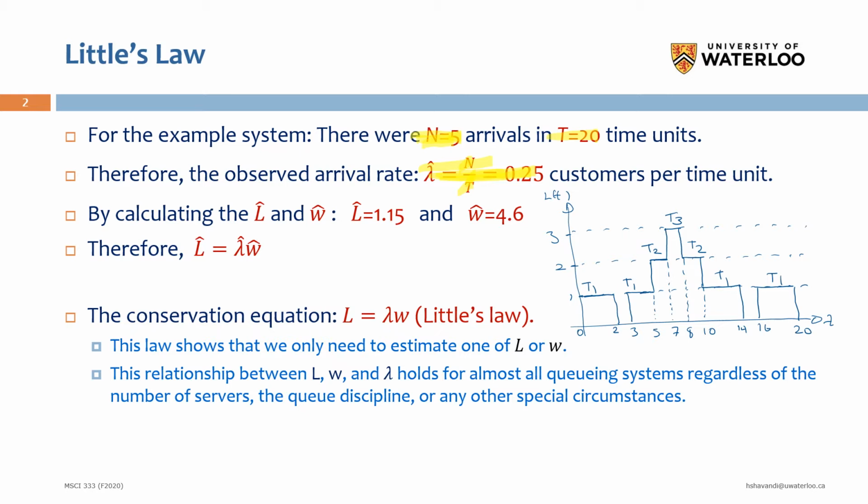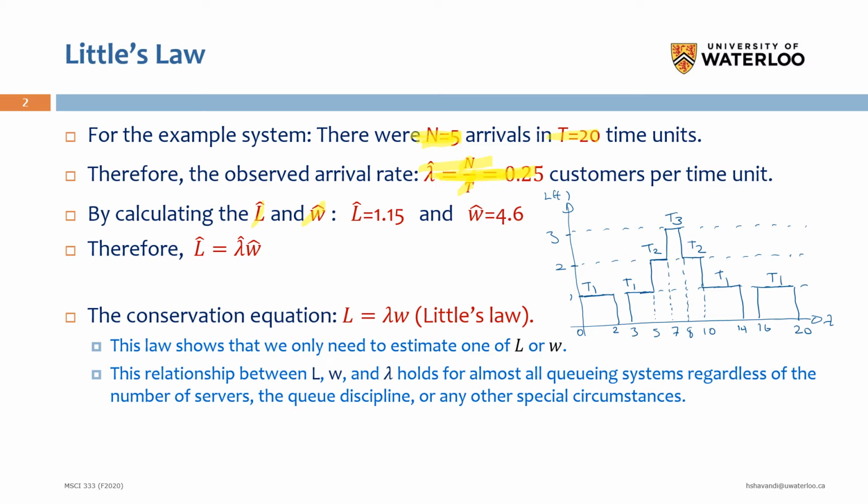Okay, for L hat and W hat, let's see how we calculate these. For L hat, we need to multiply the number of customers in the system by the length of time that number of customers is in the system, add up the numbers, and then divide by the total time, which is 20.